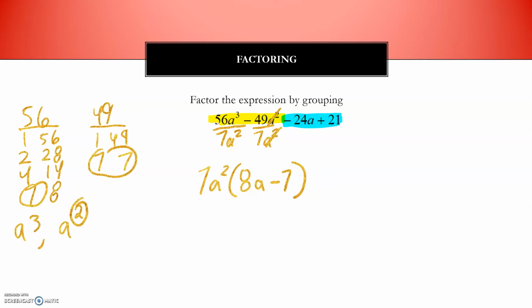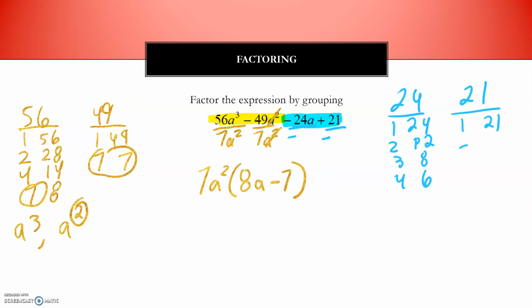I will tell you, and I will explain why later, we need to have a negative GCF here. But then I have to use the numbers 24 and 21. 24 has factors 1 and 24, 2 and 12, 3 and 8, 4 and 6. 21 has factors 1 and 21, 3 and 7.